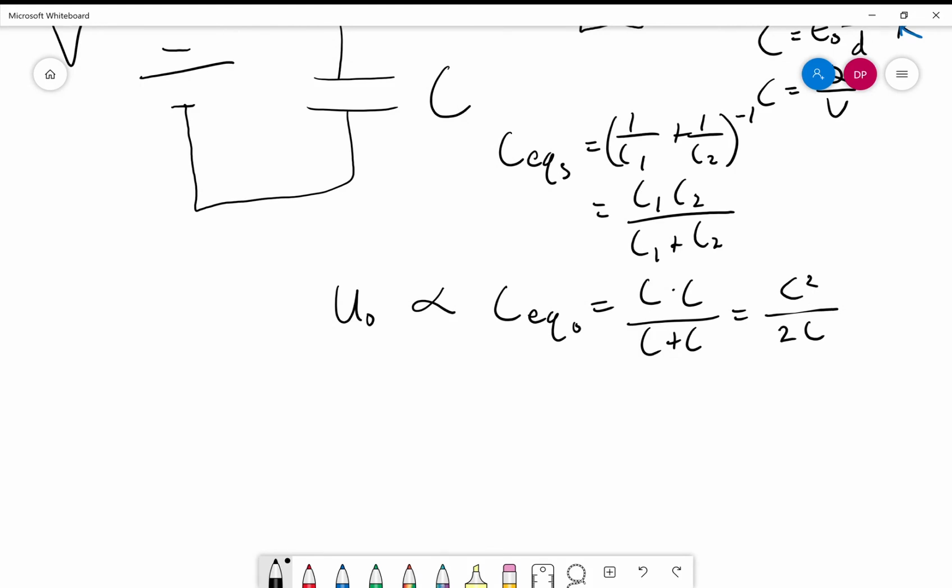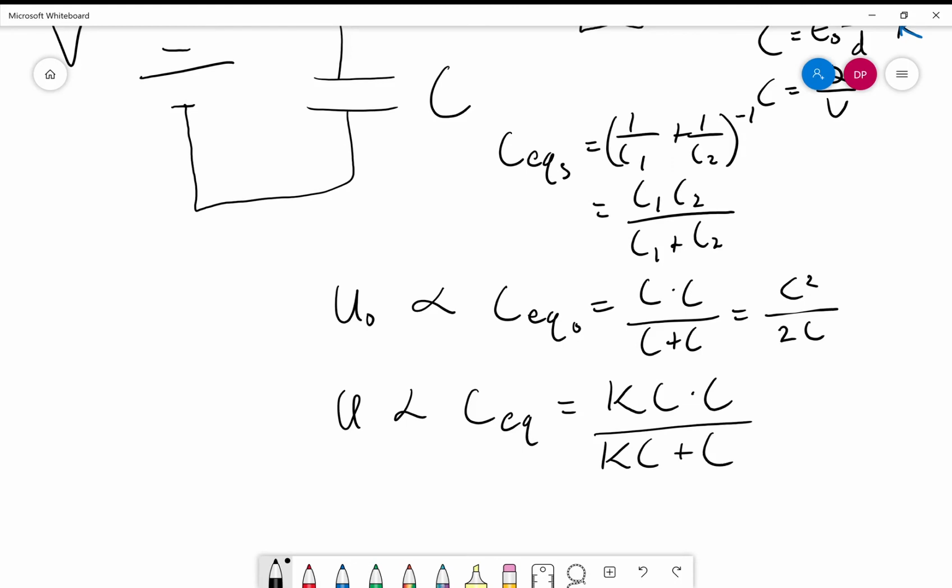So what about afterwards? So the new energy, U, is proportional to the equivalent capacitance. And we're going to attach a K to just one of the capacitors. It doesn't matter which. That is our new capacitance.